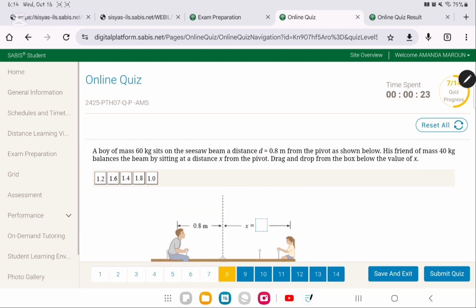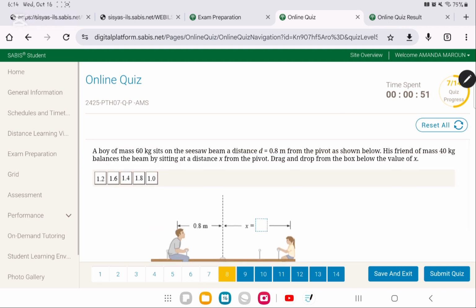A boy of mass 60 kg sits on the seesaw beam at a distance 0.8 meters from the pivot as shown below. His friend of mass 40 kg balances the beam by sitting at a distance x from the pivot. Drag and drop from the box below the value of x.